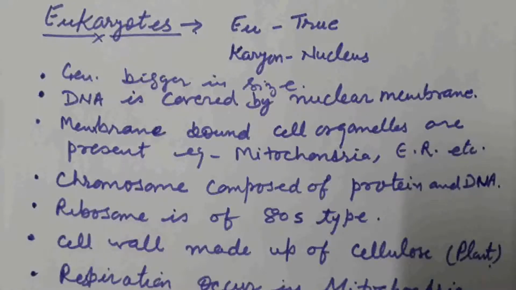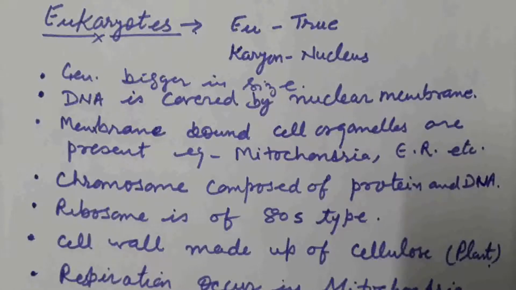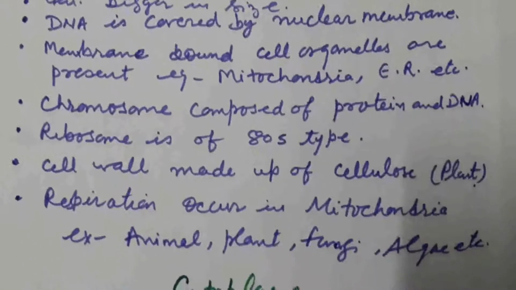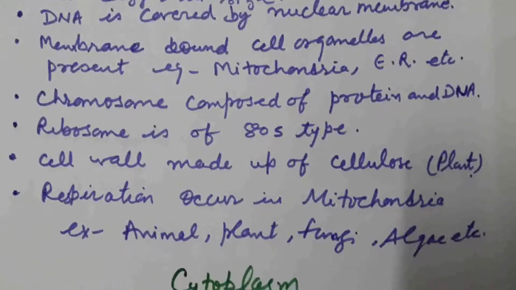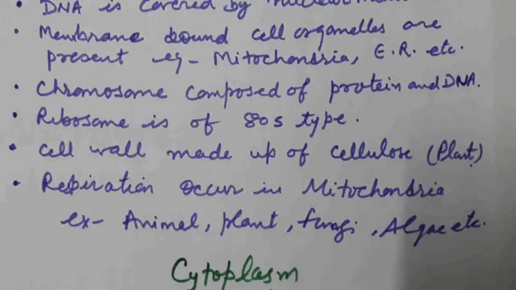Ribosome is of 80S type. Cell wall is made up of cellulose. We are talking about plant cell. In case of fungus, cell wall is made up of chitin, that is also known as fungus cellulose. And cell wall is absent in case of animal cell. We already discussed in our previous video. Respiration occurs in mitochondria. Important cell organelle mitochondria, known as the powerhouse of the cell, in which respiratory activities, that is aerobic respiration, is going on.